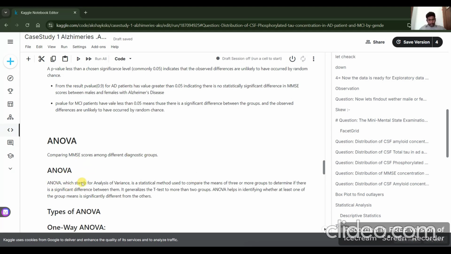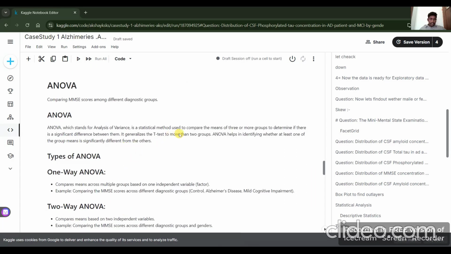ANOVA, which stands for Analysis of Variance, is a statistical method used to compare the means of three or more groups to determine if there is a significant difference between them. It generalizes the t-test to more than two groups. ANOVA helps in identifying whether at least one of the groups is significantly different from the others.